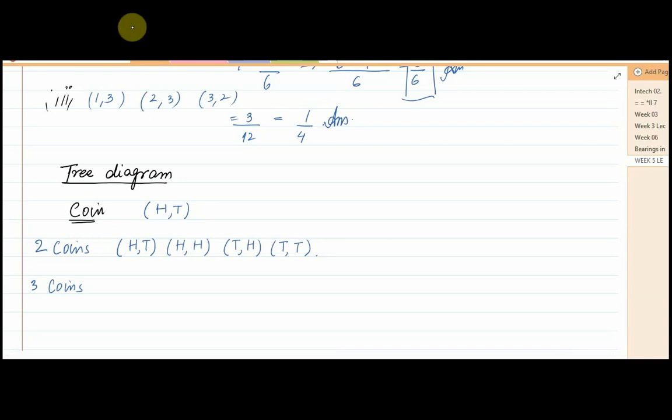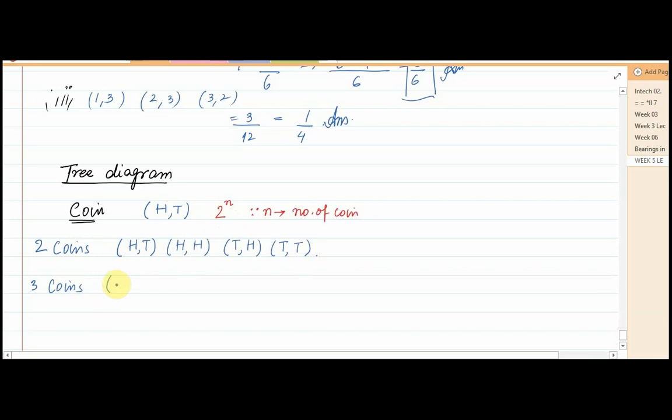Keep in mind the sample space of coins is calculated by the formula 2 power n, where n is your number of coins, how many coins you have. If you have one coin, so two outcomes. If you have two coins, 2 power 2 is 4, then 4 possible outcomes. So if you have 3 coins, 2 power 3 is 8, right? So that means now you have 8 possible outcomes. And how?